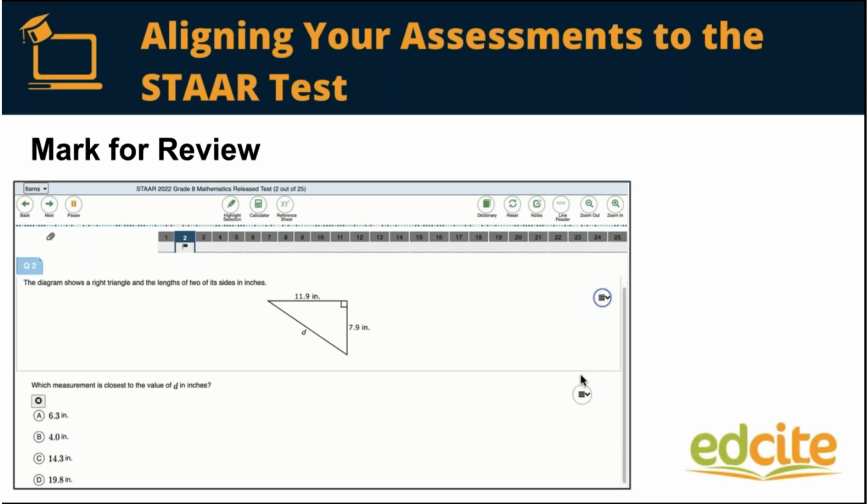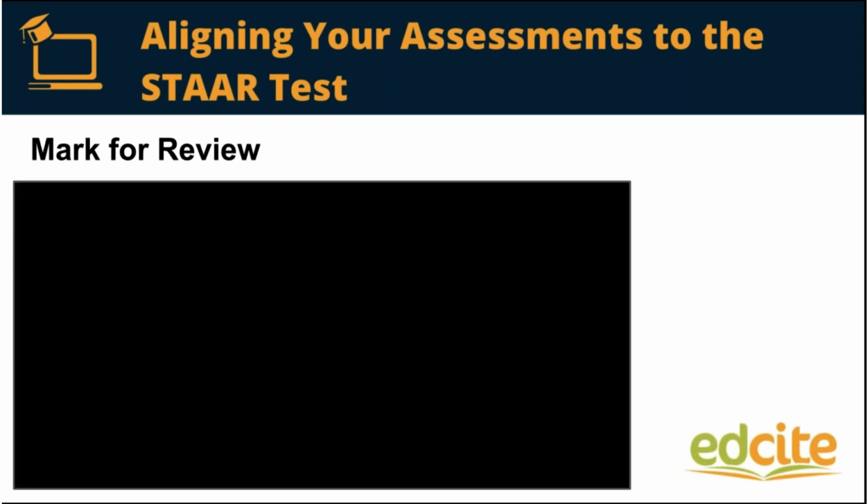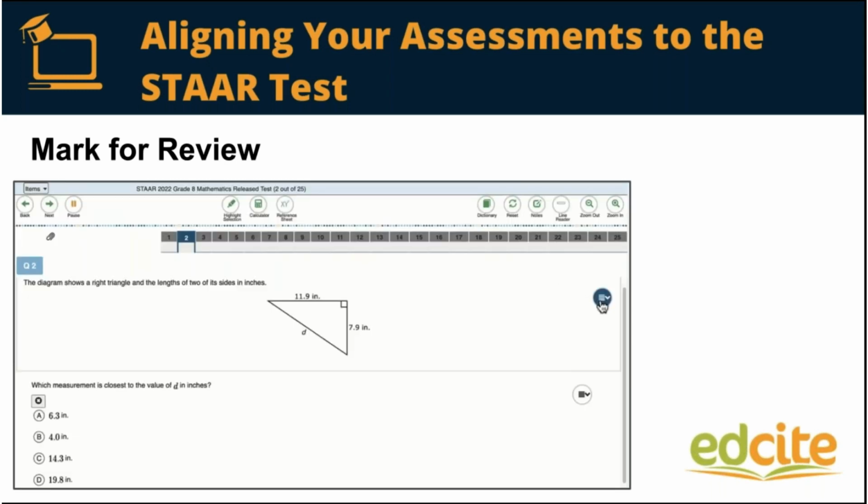So this is just getting students used to, I've got my arrows to navigate from one question to the next. If I want to go back to review a question, I've always got that drop down to mark it for review, and then on my review, click in to see it again.